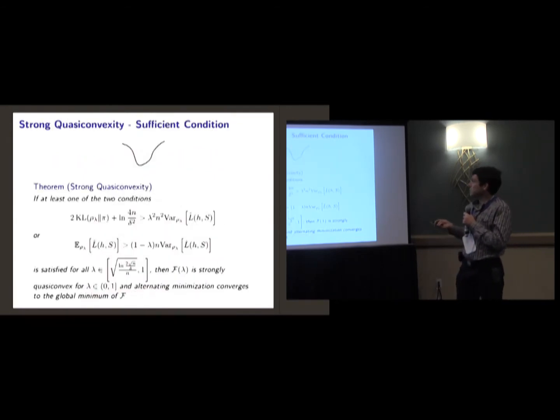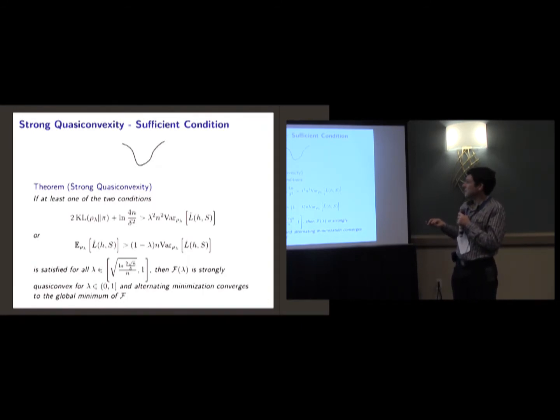And now we show a sufficient condition for strong quasi-convexity of this function. This is how a strongly quasi-convex function looks. It has a single global minimum. If at least one of the two conditions is satisfied for all lambda in the relevant interval, then f of lambda is strongly quasi-convex for the relevant lambda, and alternating minimization converges to the global minimum of f.